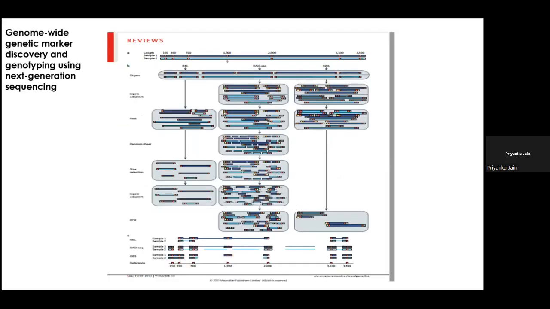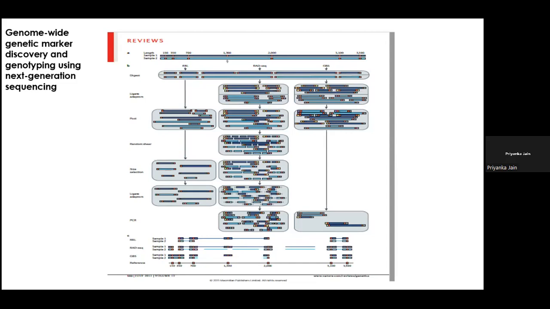So now I will actually compare. This is a very, very good paper. If you get time and you actually want to understand how genotyping by sequencing is done, this is a paper in Nature whose title is Genome Wide Genetic Marker Discovery and Genotyping using NGS.